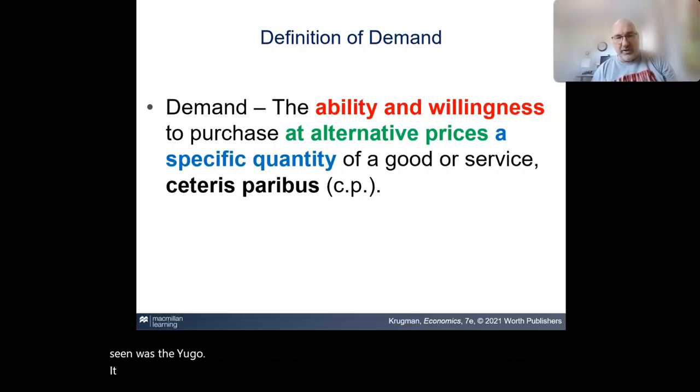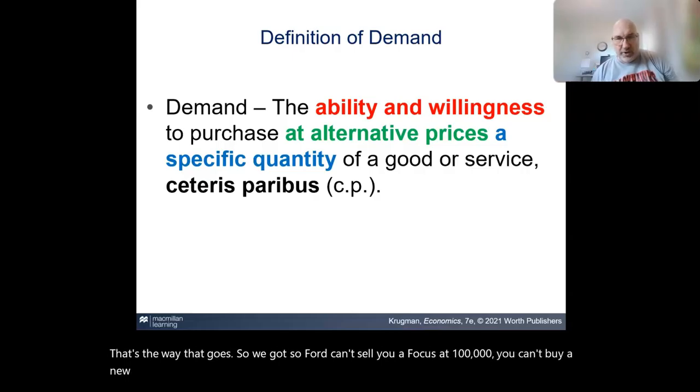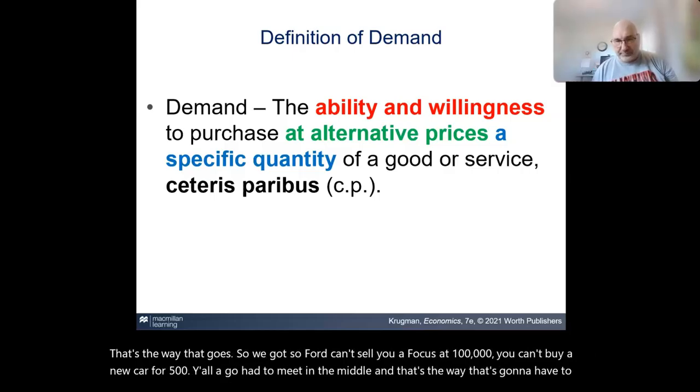It was a piece of junk, but it was like $3,990. I think that's it, maybe 95. So Ford can't sell you a Focus at $100,000, and you can't buy a new car for $500. Y'all are going to have to meet in the middle.